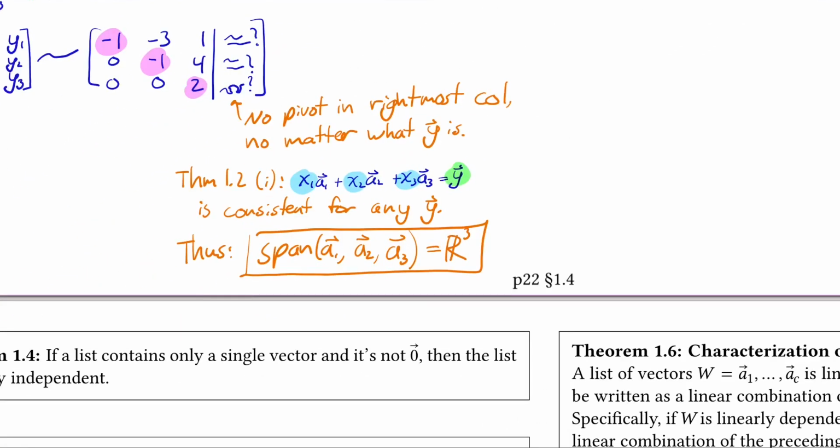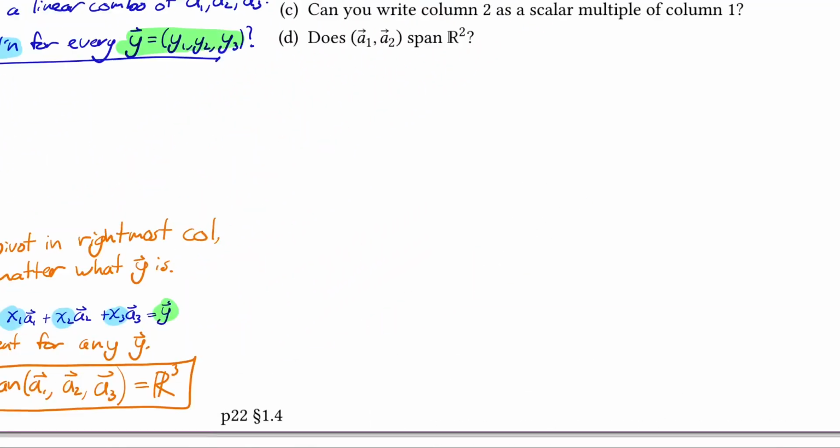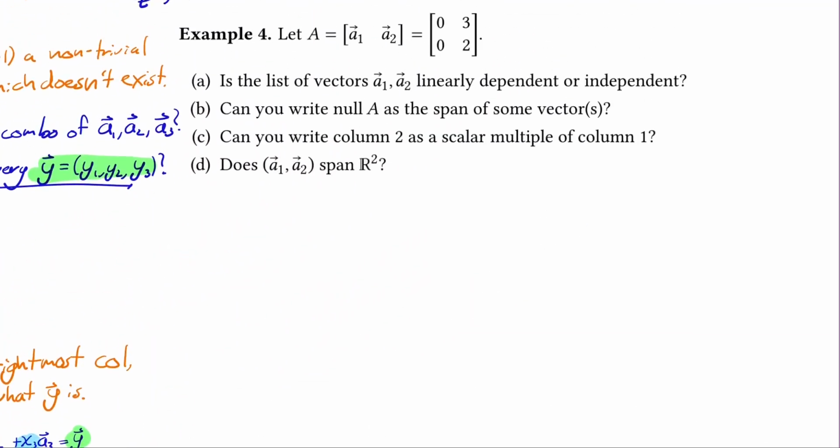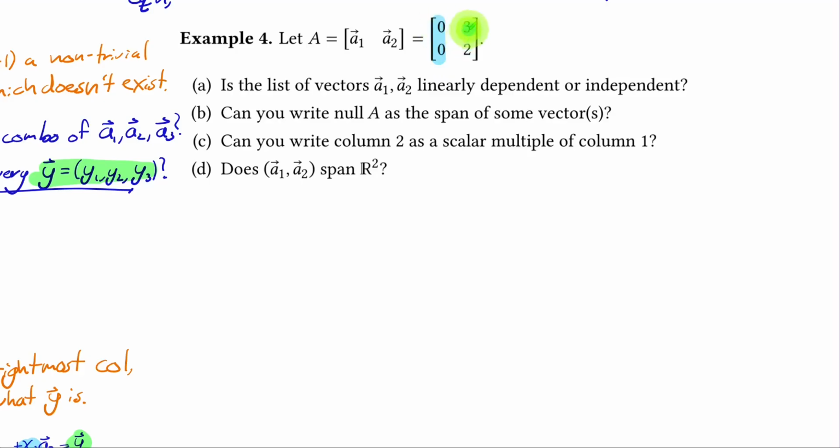Maybe you got a sneak peek at theorem 1.5, and that's going to tell you the answer to this. But we don't want to use that theorem because we're trying to justify the theorem with this example. So we have a list of two vectors that form the columns of this matrix.